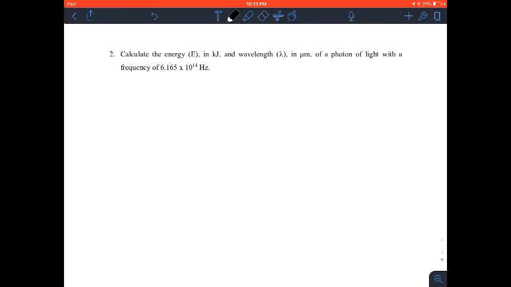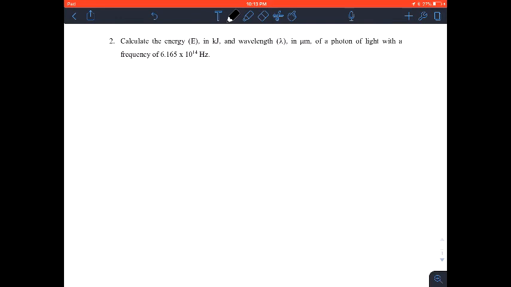So, as it turns out, it's the exact same step as the previous problem. The difference is now we have a couple little conversion factors that we need to factor in, but it's nothing we can't handle. So, in this case, calculate the energy in kilojoules, so that gets double underlined.